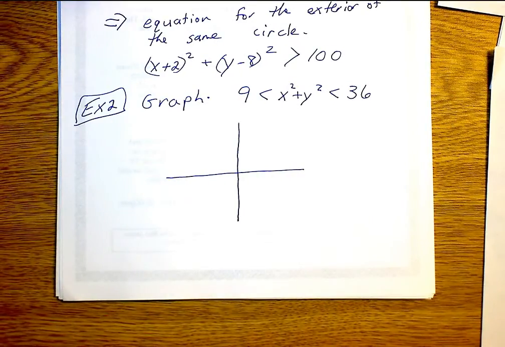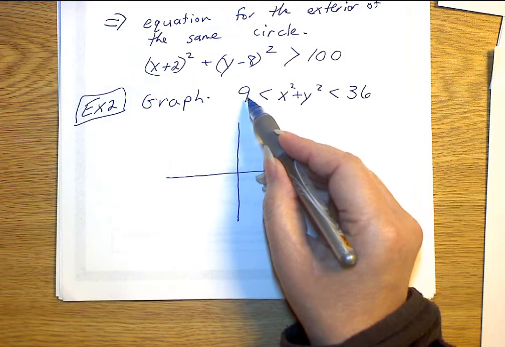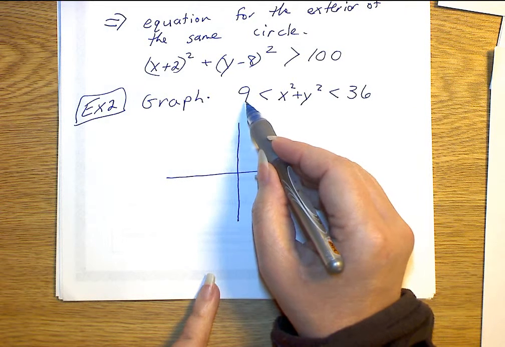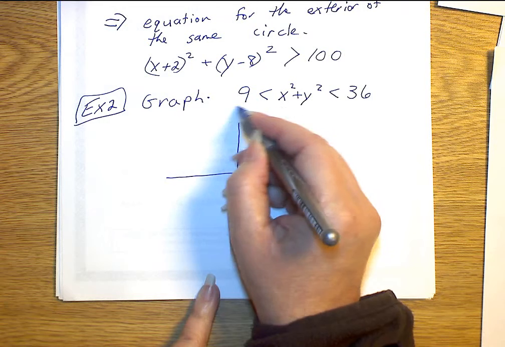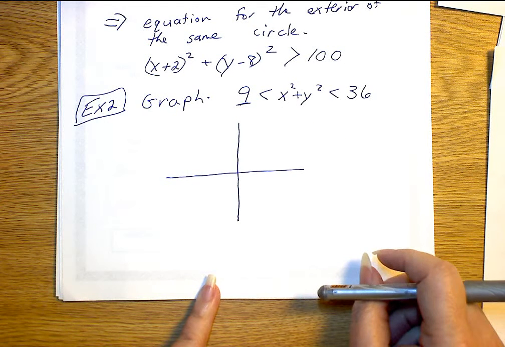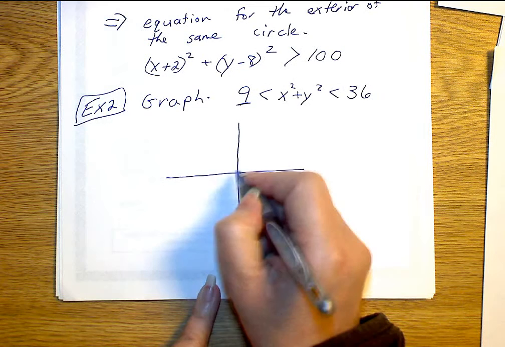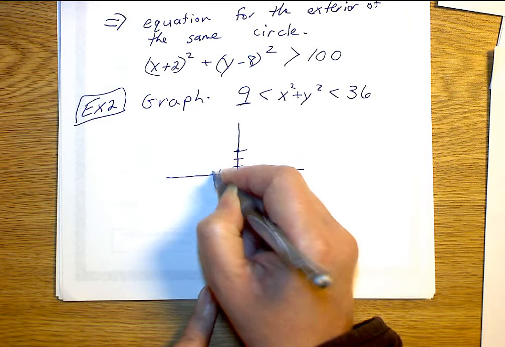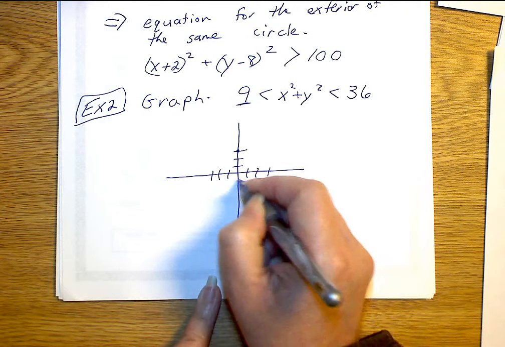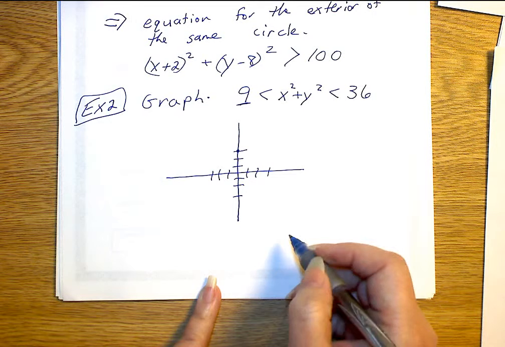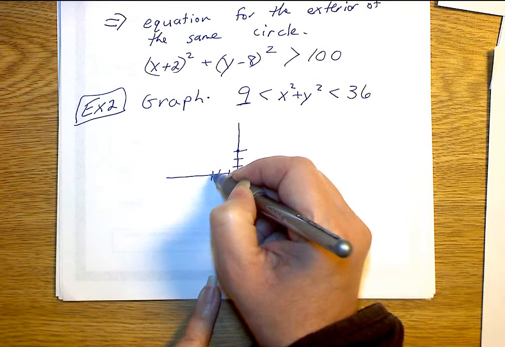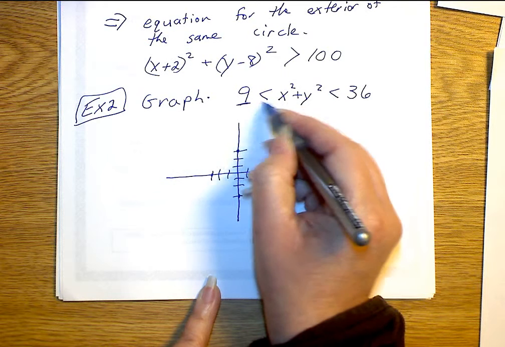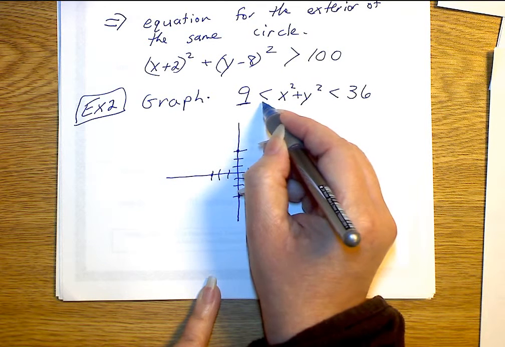Where's the center of the circle? The origin, (0, 0). Take the 9 and find the radius, which would be 3. So I'm going to go 1, 2, 3, and it's going to go 3 out each way. It's going to be a dotted circle because it's not equal to. If this line was equal to, then it would be a solid circle. So we're going to go dotted.